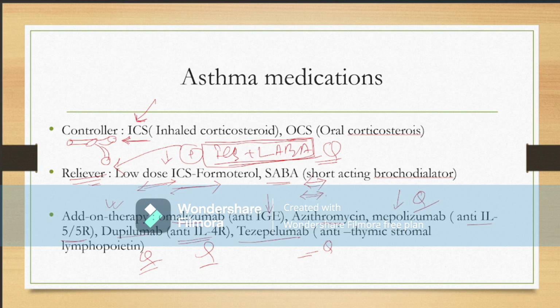Why have inhaled corticosteroid and LABA entered into reliever therapy? Because it is shown that if we give inhaled corticosteroid with LABA for a long term, there is a decreased amount of exacerbation compared to a patient only taking short-acting beta agonist as reliever therapy. That's why we give ICS and LABA as a reliever therapy.